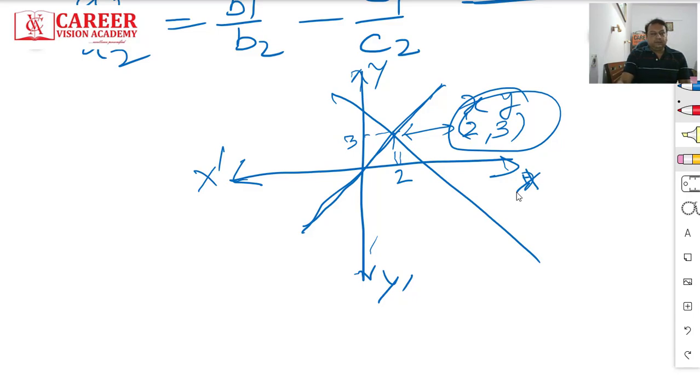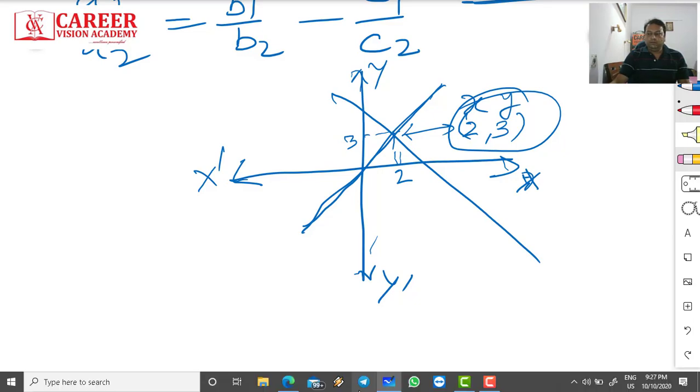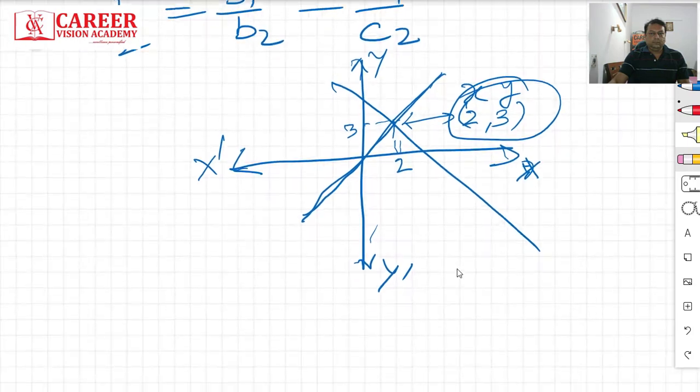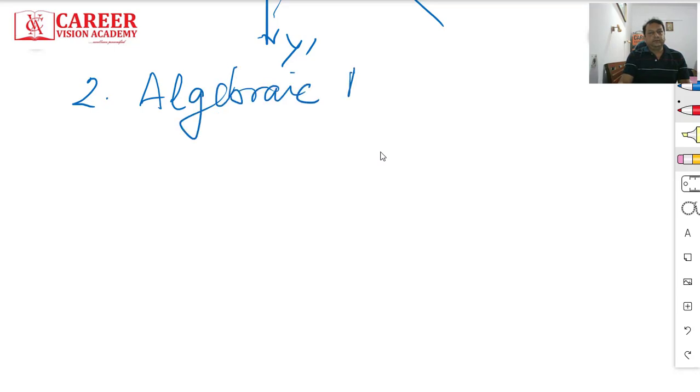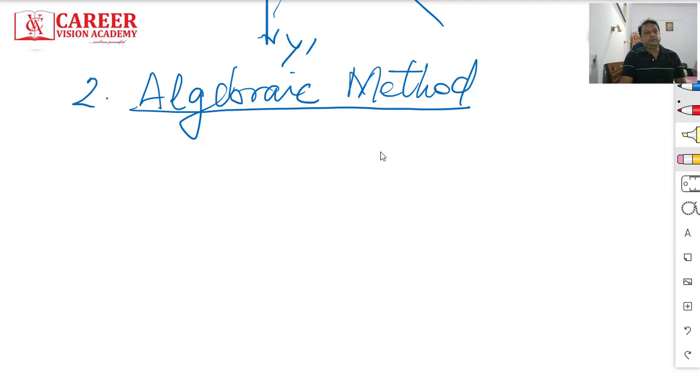The next method through which we get the values of x and y: one was the geometrical method, and now the second method is the algebraic method of finding the solution of linear equations in two variables.